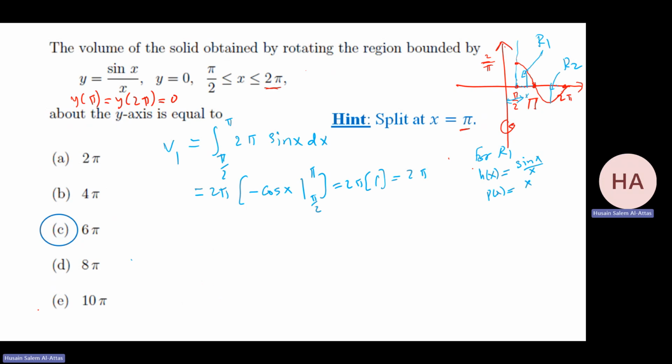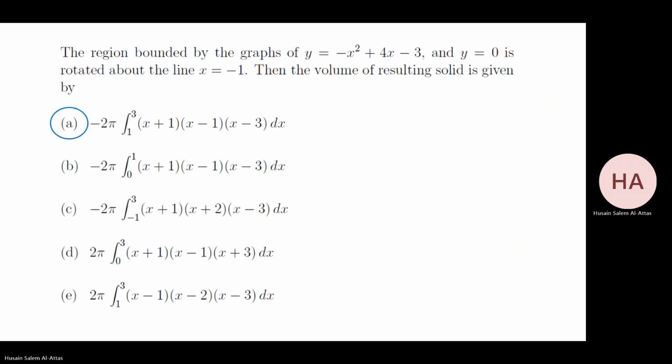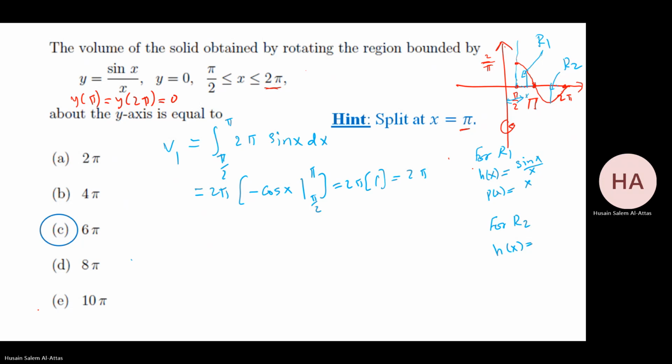The second one, for R2, what do I have? H of x will be 0 minus the function, so that gives me minus sine x over x. B of x will be x.